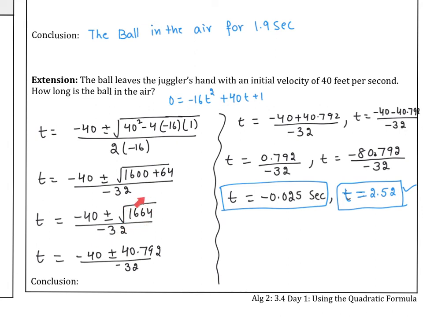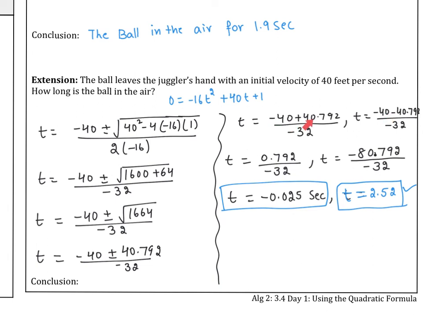You get the decimal value using the calculator. The square root of 1664 is 40.792, divided by negative 32.